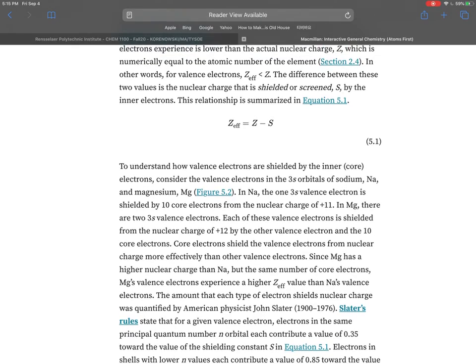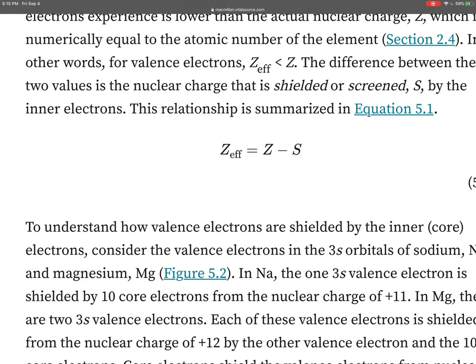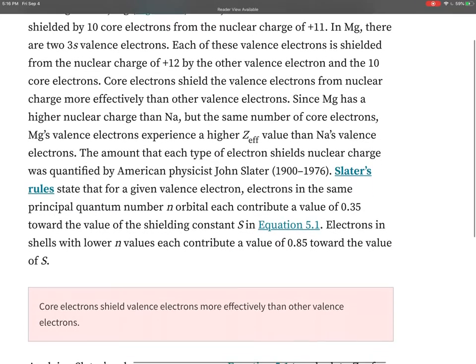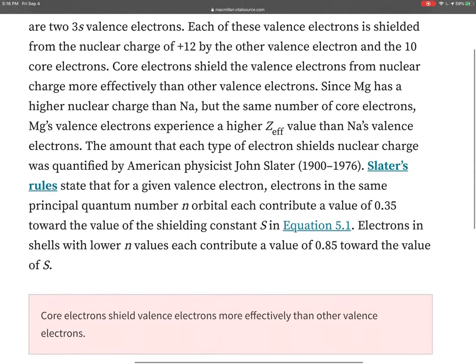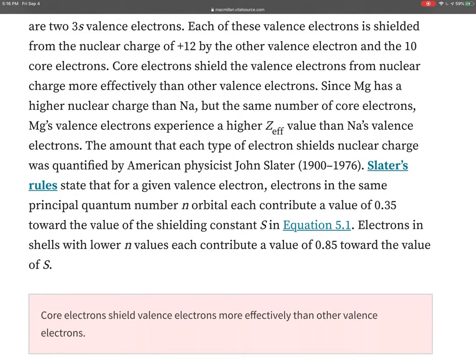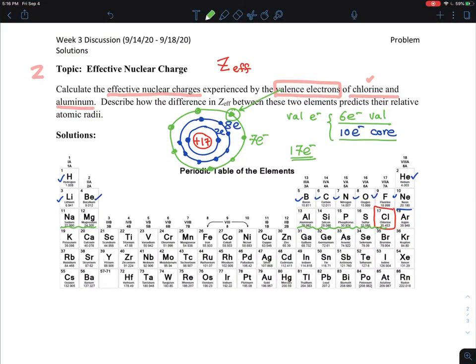Here is the equation for Z effective: Z minus S. Z is the number of protons in the nucleus, and S is the shielding factor. There are values of 0.35 and 0.85 that they use for the shielding number. Each valence electron contributes 0.35 to S, whereas an electron in a lower n value, which is a core electron, contributes 0.85. So using that, let's finish this.